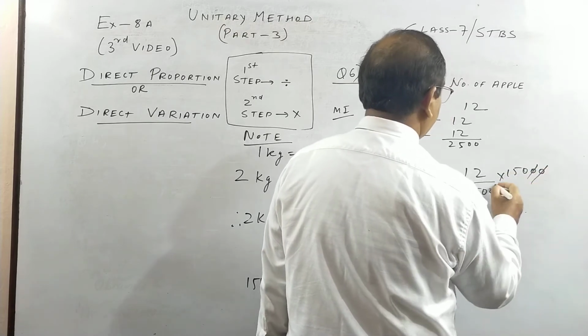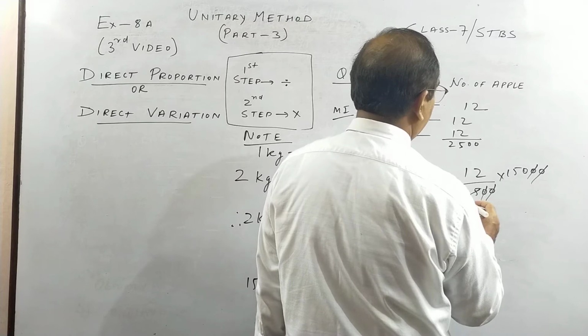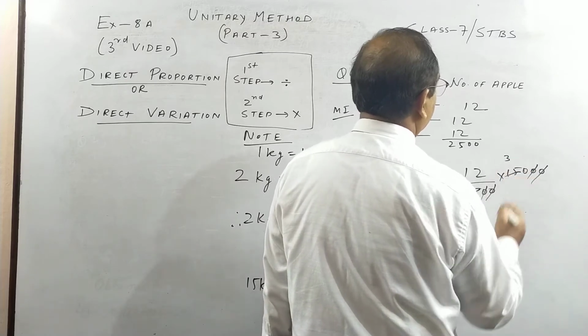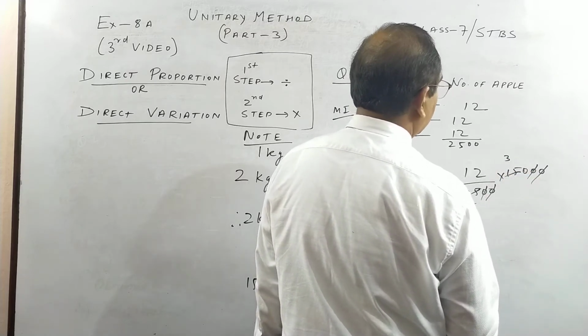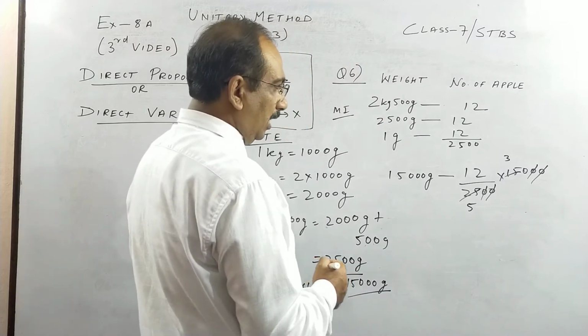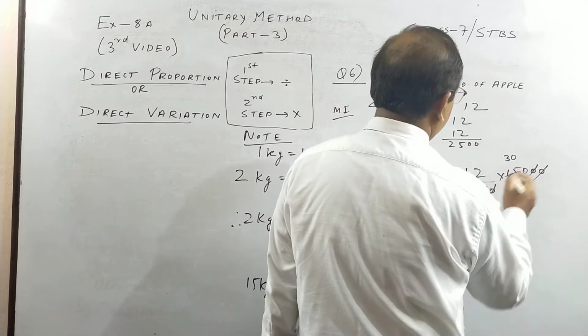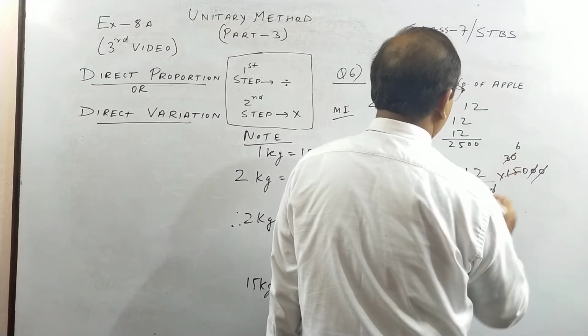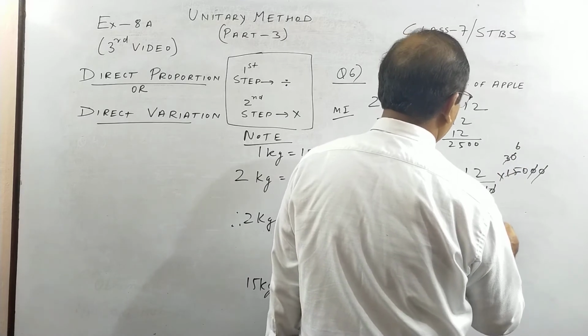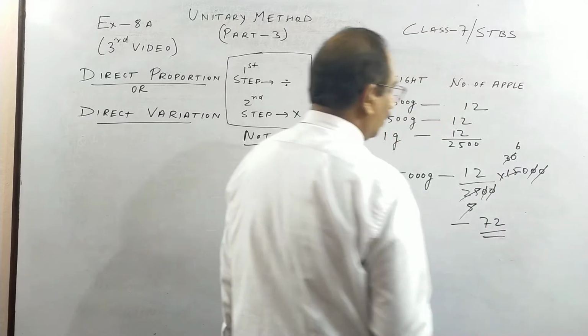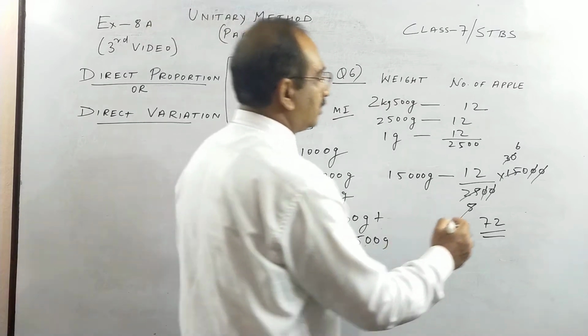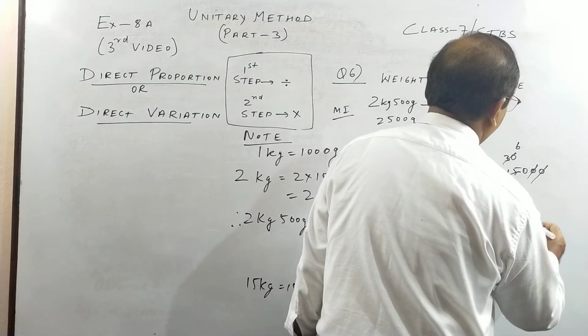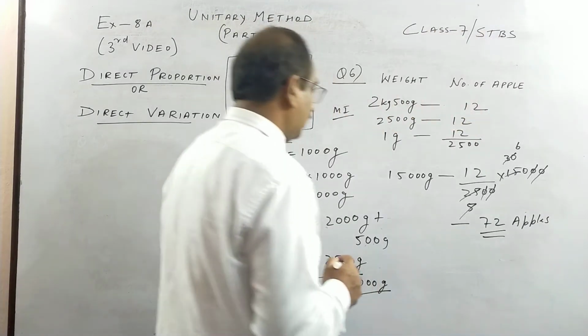So here see, it will cancel even if you do in gram. 5 5s are, 5 3s are. So, and we will get 1 0, 5 6 are 30, 12 6 are 72. So 72 apples, children, will weigh 15 kg.